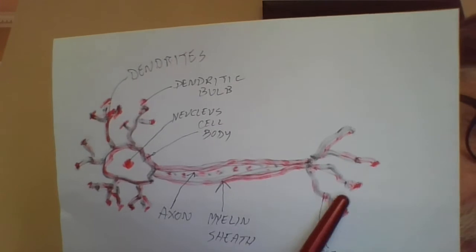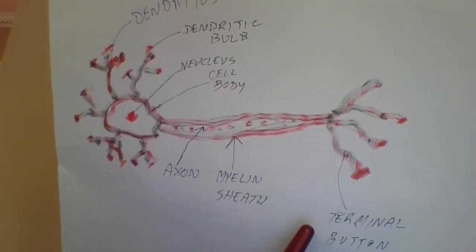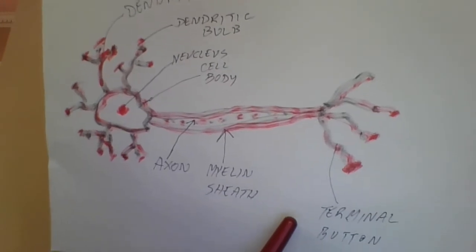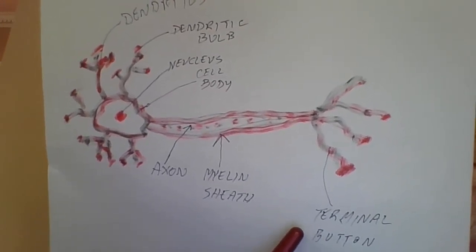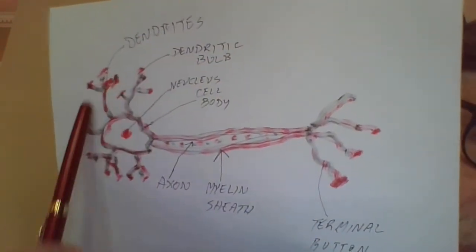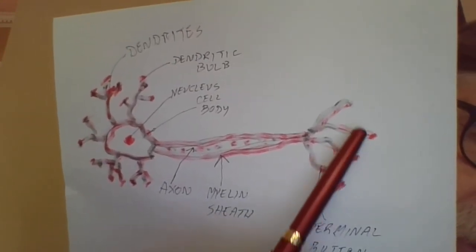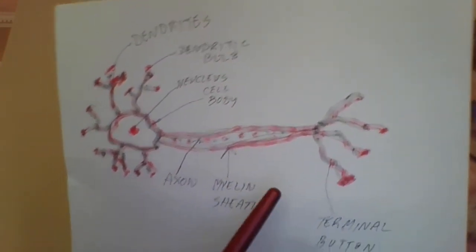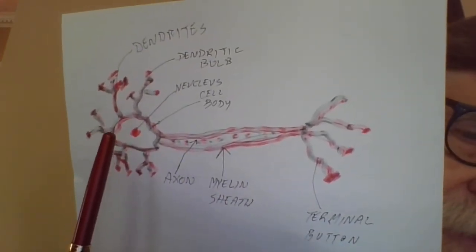On the other end, there are dendritic bulbs on what's called the terminal button, or I've heard it said terminal button, but it actually comes from French, so it's pronounced button. But at both ends of the cell, there are receiving receptor dendrites, and there are dendrites that send information. And that's going to be more information in the upcoming video.